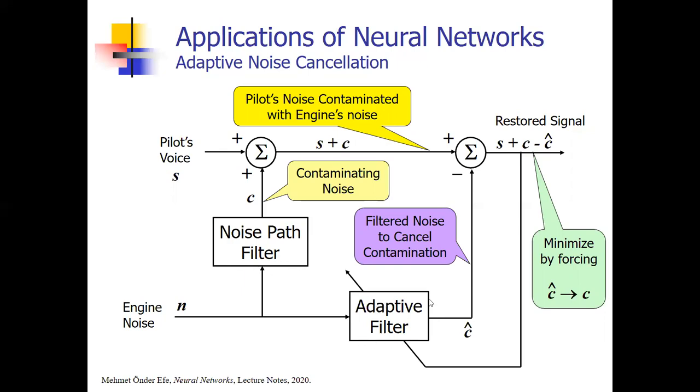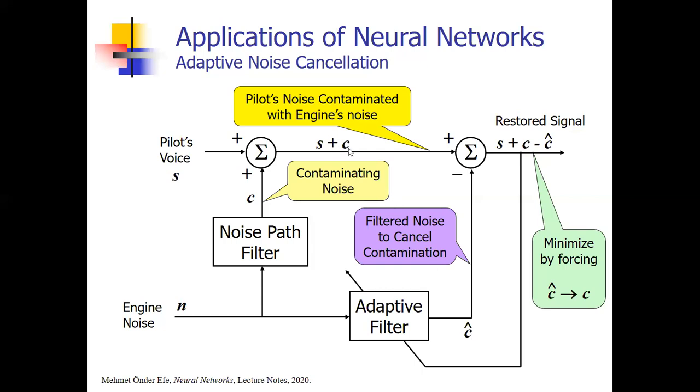It is this adaptive filter, such that this adaptive filter imitates the same behavior of the noise path filter such that it produces C hat, which is very similar to C.